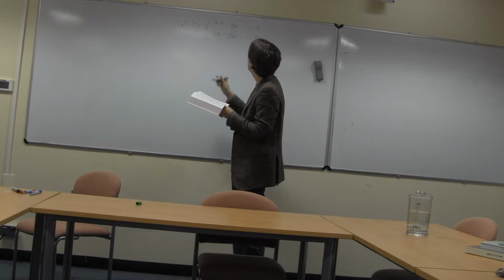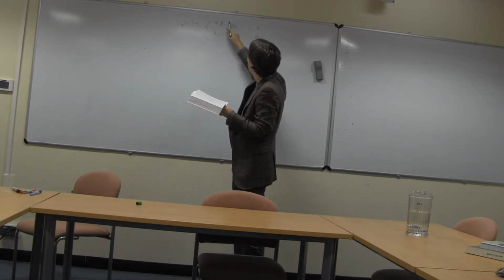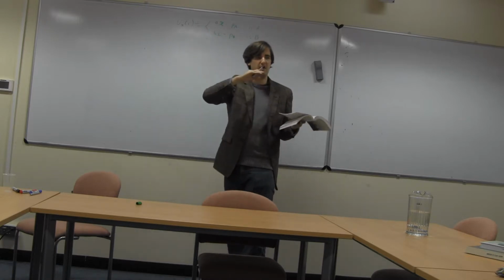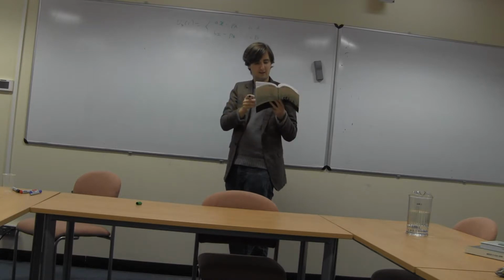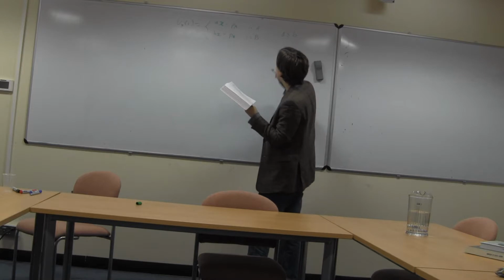So there are two brands they can buy, and one is higher quality than the other, if you like. So x measures how much they value quality, and we have A is less than or equal to B.